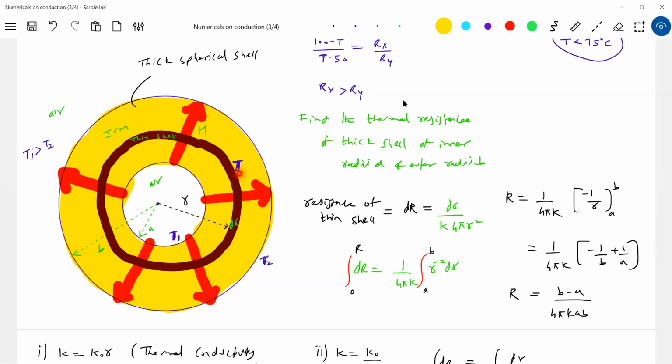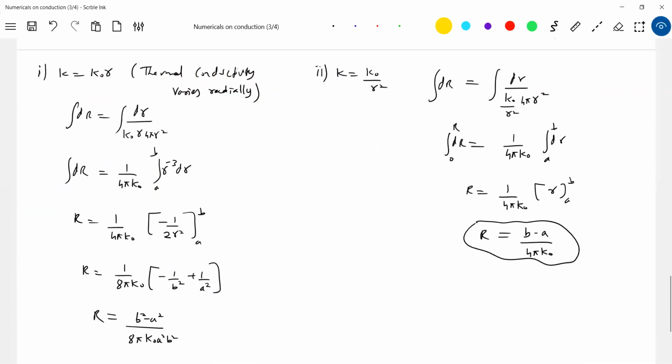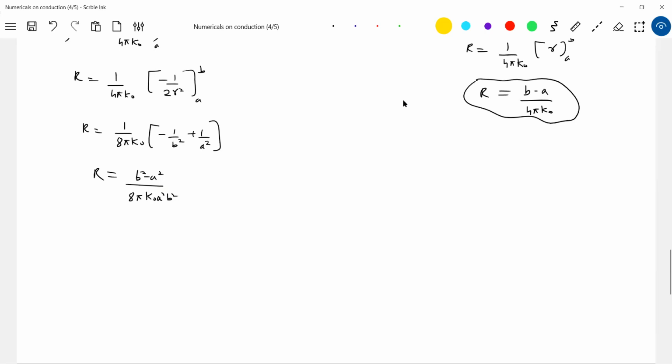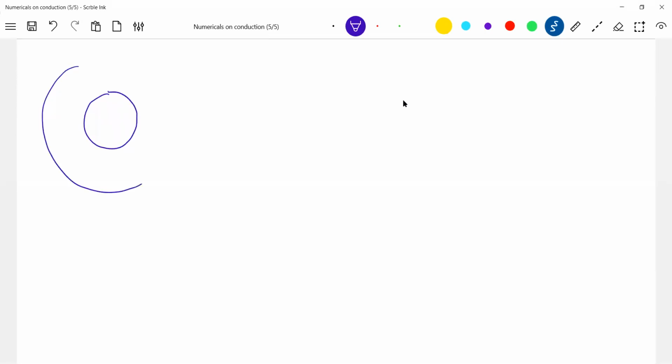So I want the temperature. So the same procedure, the same method, the same ideas, everything. So there's a thick shell. Well, do it in next page. The same idea is what I'm trying to.